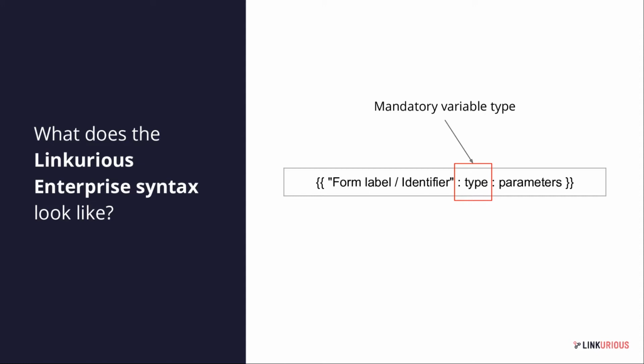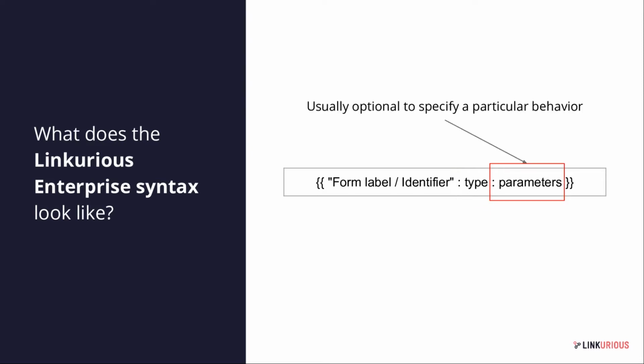We will see very soon the list of different variable types. In any case, everything is documented in our user documentation under the query template section. The last part is the section for the parameters. This one usually is optional, and we will see how you can use it to specify particular behavior of your query template.